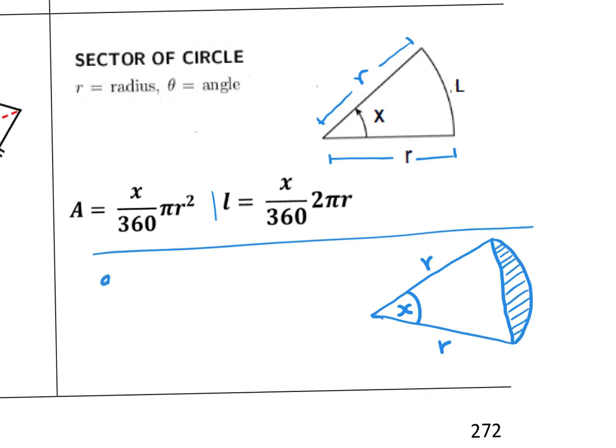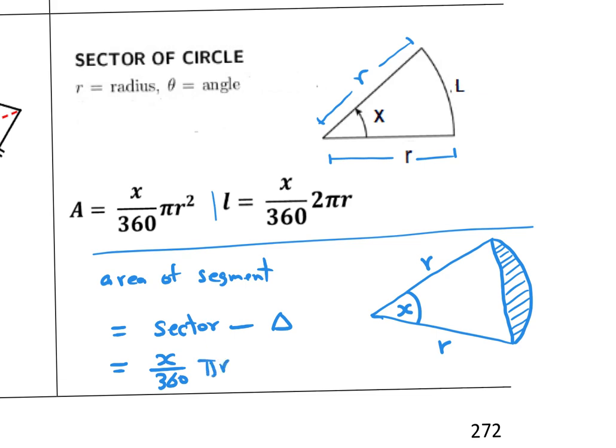So area of segment equals area of sector minus area of triangle. Area of sector is the same, X over 360 times πR square. Area of triangle, in this case, half times R squared times sine X. This is how to find the area of the segment.